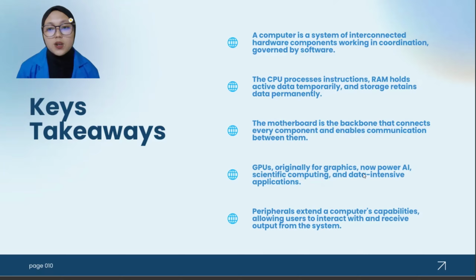The motherboard is the backbone that connects every component and enables communication between them. Number 4, GPUs. Originally for graphics, now power AI, scientific computing, and data-intensive applications. Number 5, the last, peripherals extend a computer's capabilities, allowing users to interact with and receive output from the system.